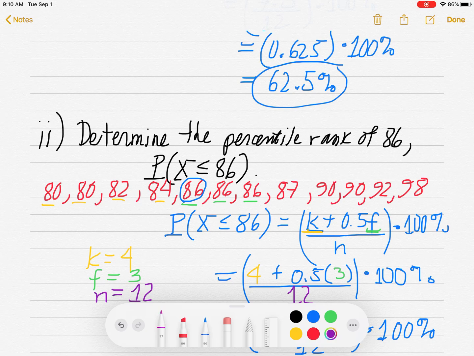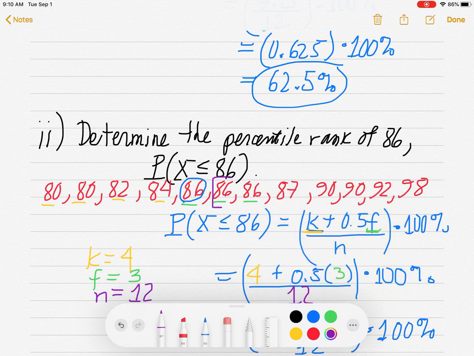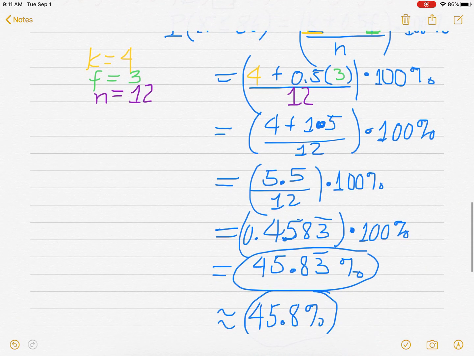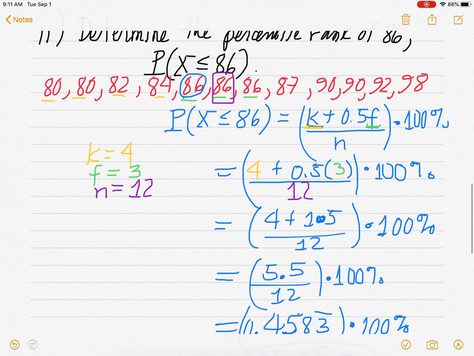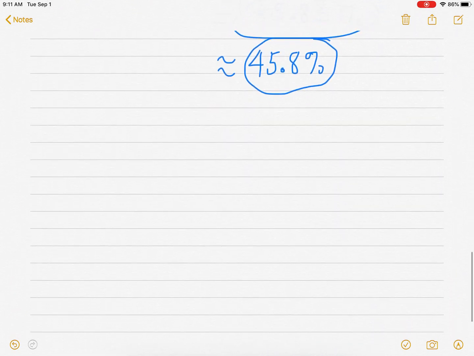You see there are 3 86s. So it would pick out the middle 86 right here, the way this formula works, and it's telling you how many data values are at the level of that middle 86 or less than that level. And our answer is 45.8 roughly. 45.8% of data values are at that purple 86 or below it.